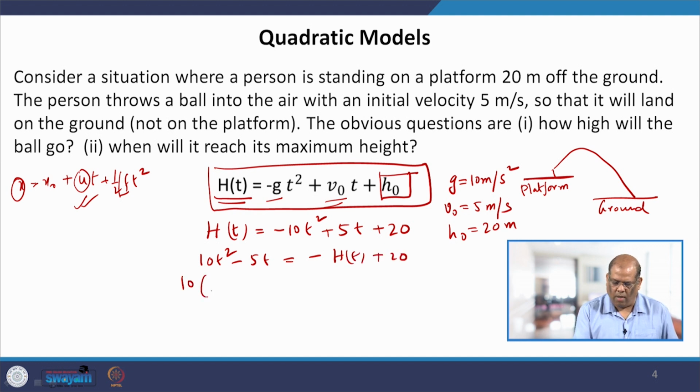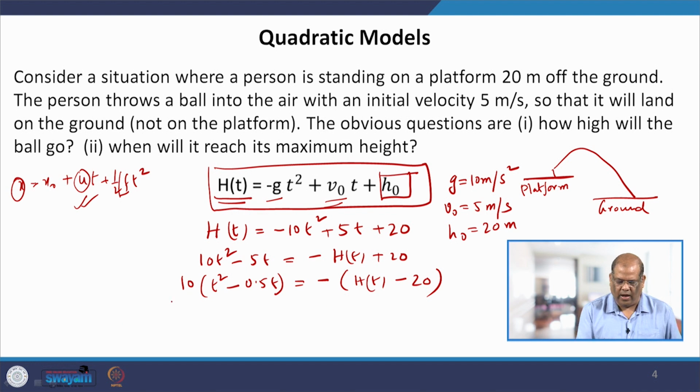I take 10 common, which is t square minus 0.5t, and I take minus common, so h(t) minus 20. Basically I will divide it and make it a whole square. So, I will get t square minus 2 into a into b, 0.25, so that the product is 0.5, plus 0.25 square minus 0.25 square.